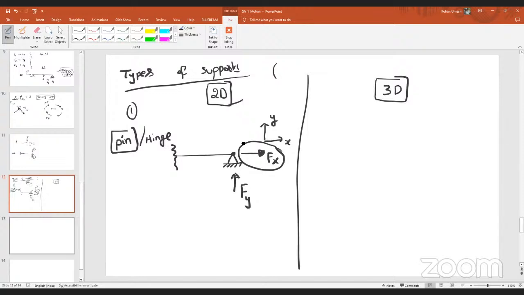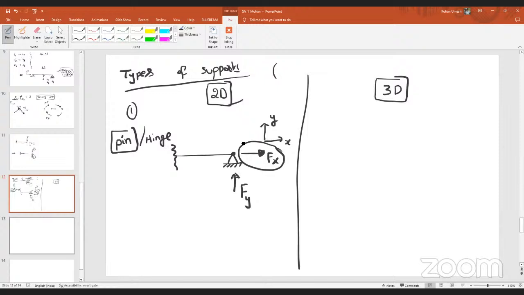So if somebody asks you about the pin joint or hinge joint, you should say that at the hinge connection, it will not allow any deflection along the X direction, and it will not allow any deflection along the Y direction. That's why resisting forces are developing along the corresponding directions.